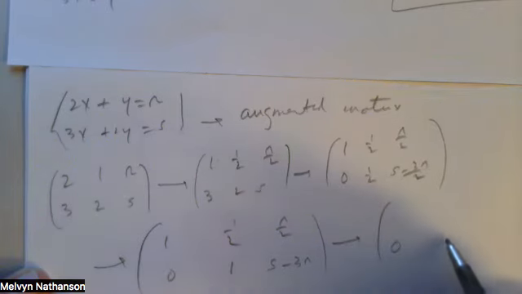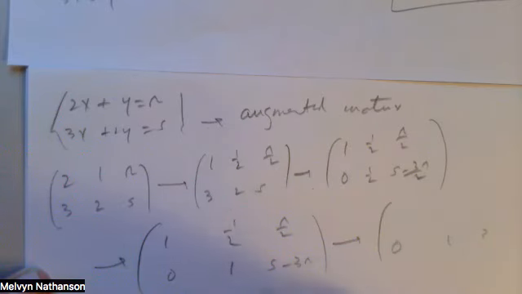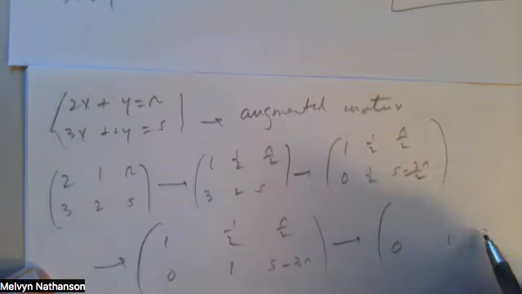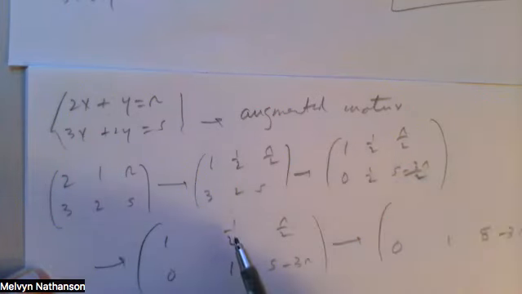And then I can, S minus 3R. I take the first row minus half of the second row.